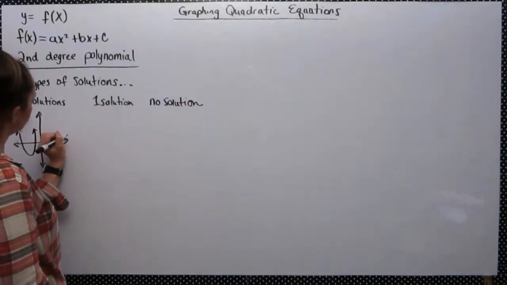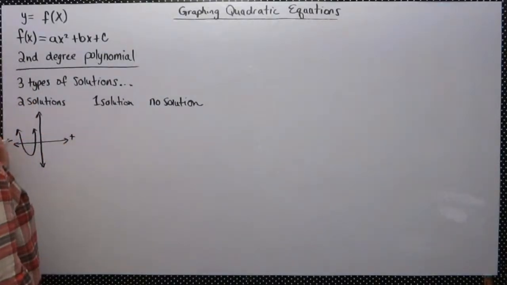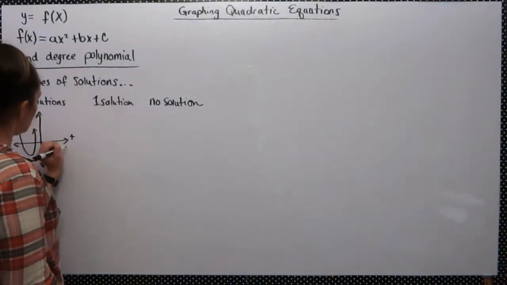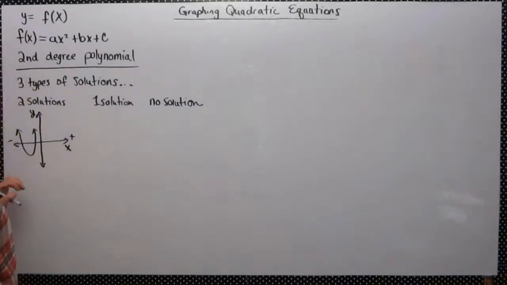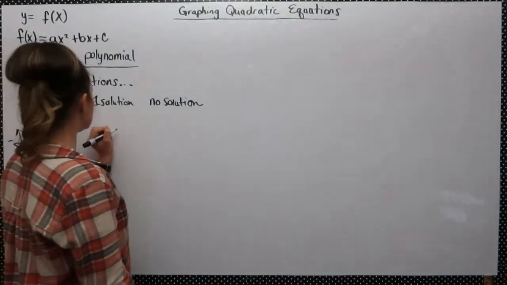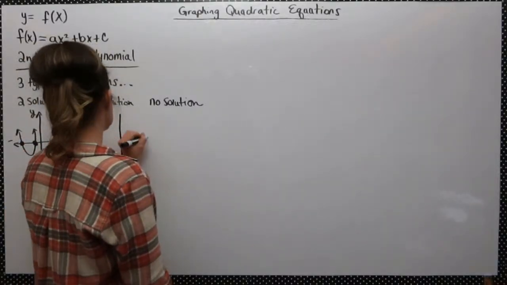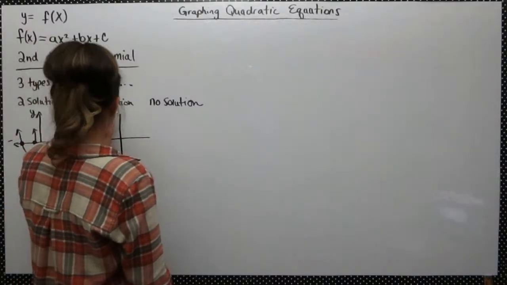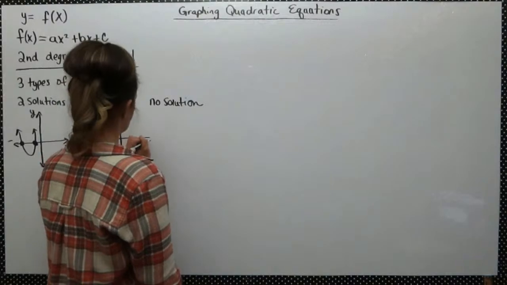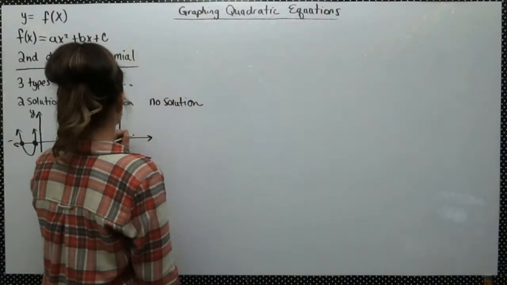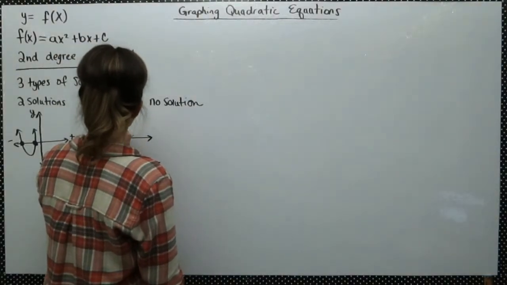So you have plus, minus, you have your x comma y, and you have two clean intersections. This is what I mean by two solutions. One solution means that it's just resting on the x-axis. So it would be like this situation.